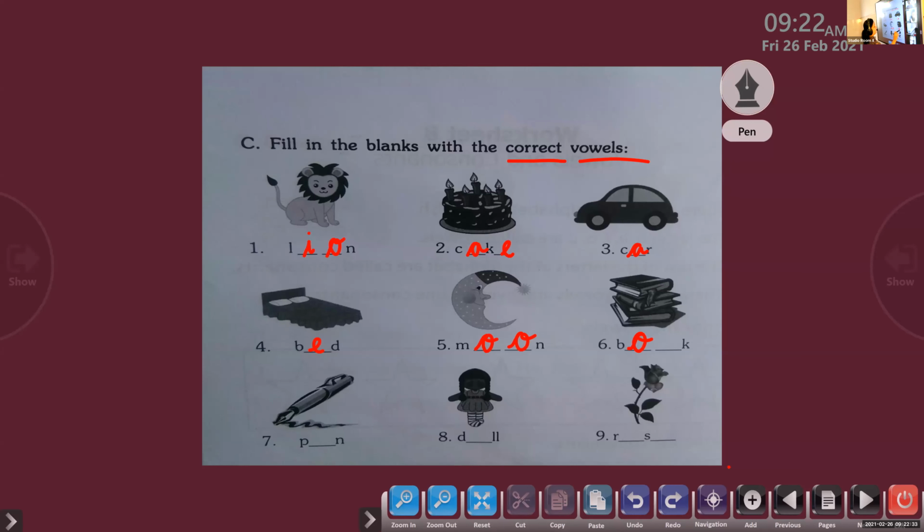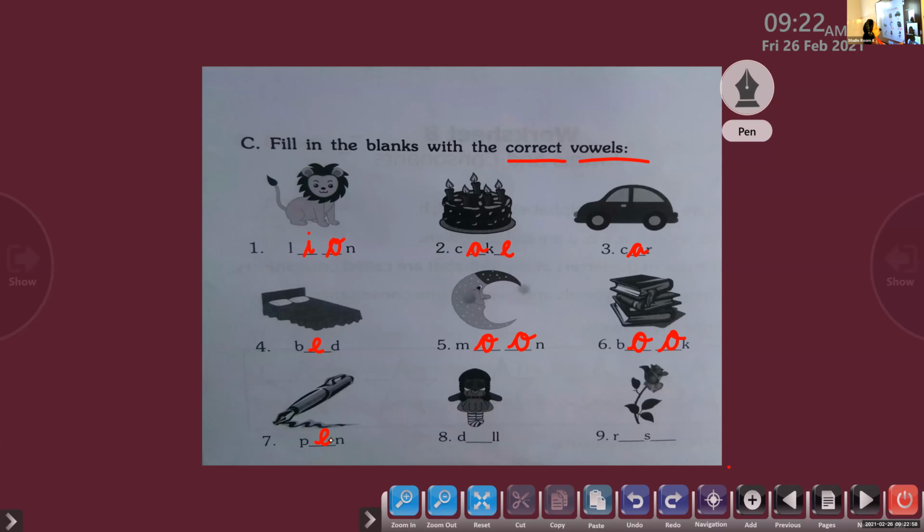How do we read it? Book. Okay, good effort, Wilfred. Thank you. Arjun, unmute. Try number 7. P-E-N. Pen. Okay, fantastic.